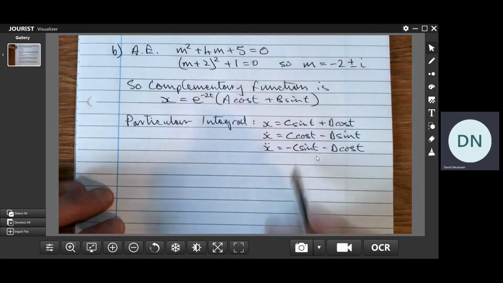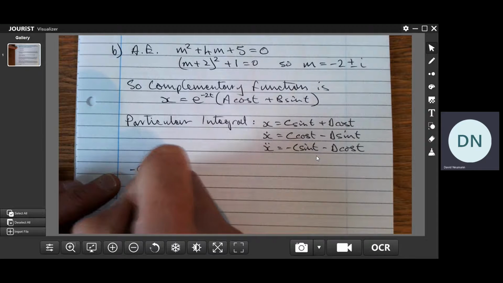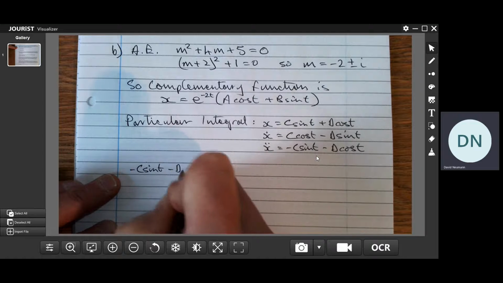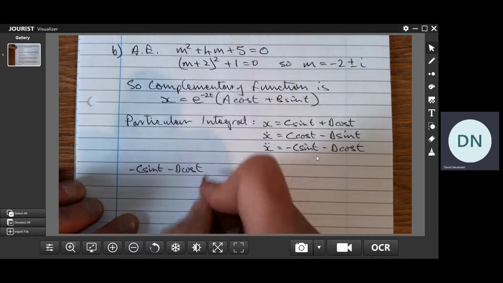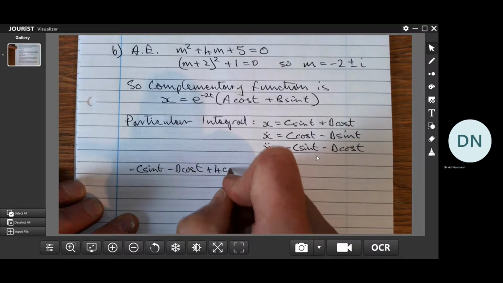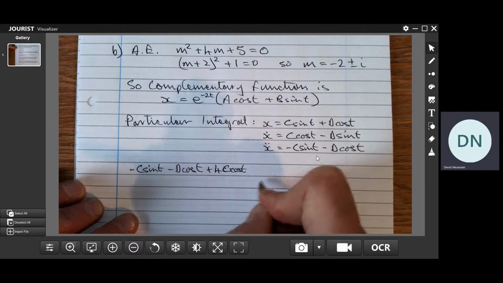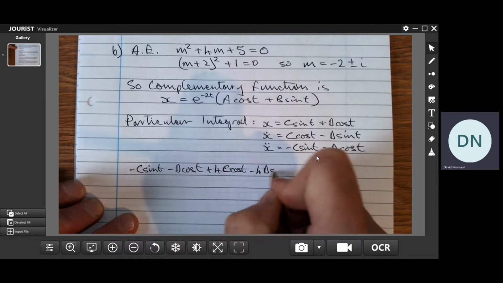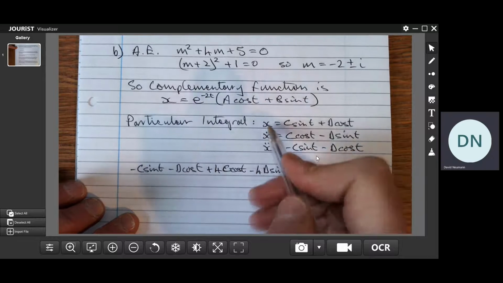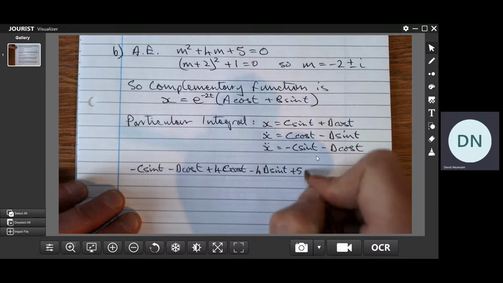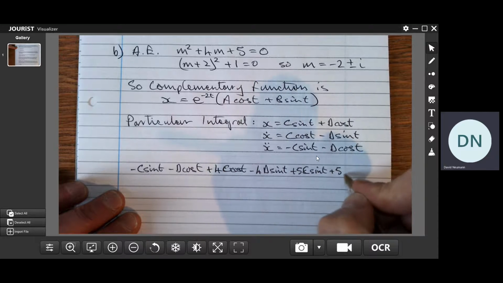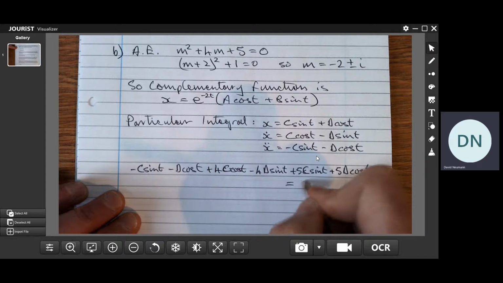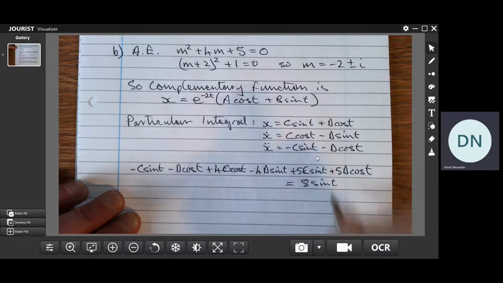So we need x double dot, which is minus c sin t minus d cos t, plus 4 times x dot, so plus 4c cos t minus 4d sin t, plus 5 times x, so that's plus 5c sin t plus 5d cos t is equal to the right hand side, which is 8 sin t.